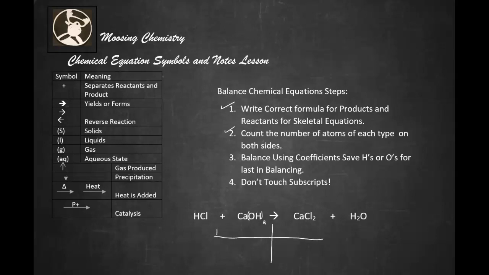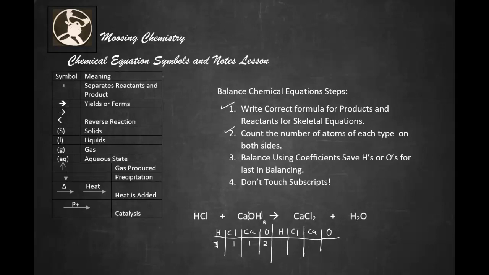We're going to put in H, Cl, Ca, and O. And if we repeat the pattern, H, Cl, Ca, and O. Okay, so we've got one H, one Cl, one Ca. We've got 2 oxygens. Oh, wait a minute, we have 3 H's there. There we go. 2 and 1 make 3.